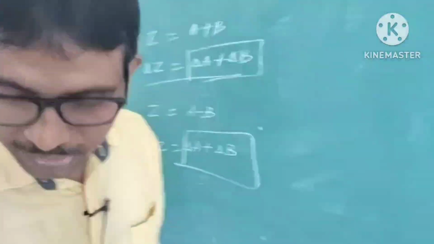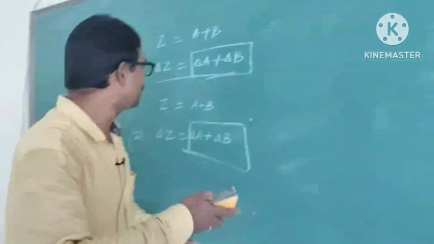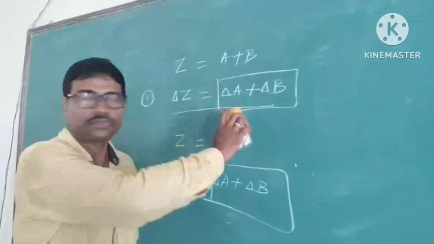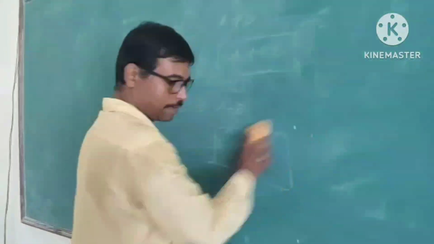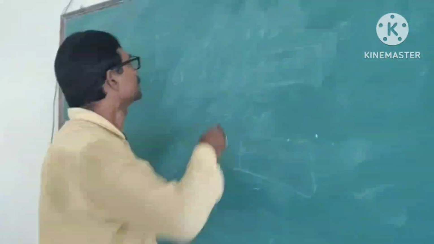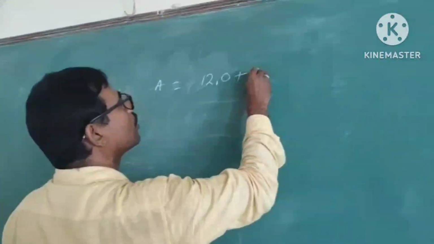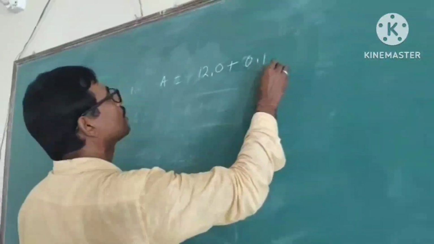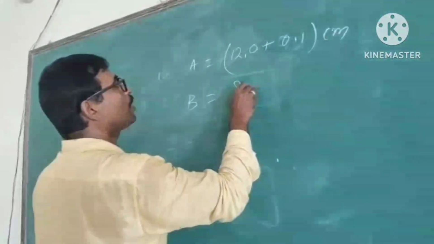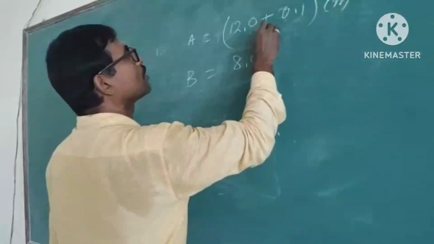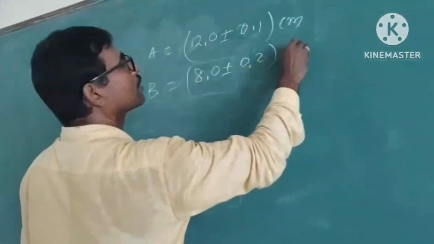So first you apply that one. How can you solve the numericals? Suppose a is equal to 12.0 plus minus 0.1 centimeter, b is equal to 8.0 plus minus 0.2 centimeter.